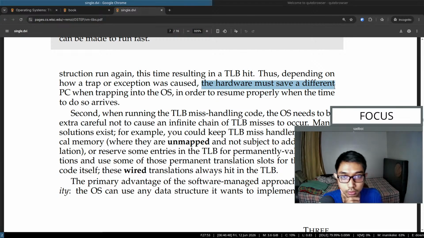The hardware must save a different program counter when trapping into the operating system in order to resume properly when the time to do so arrives.